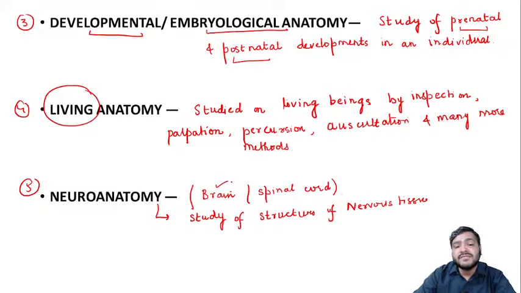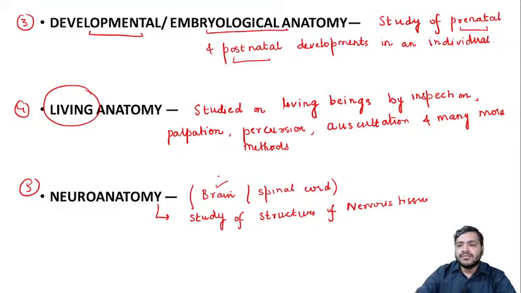These are the parts of the central nervous system. Why? Because they are aligned along the center of the body. Neuroanatomy is a branch of anatomy where you are more focused to learn the structures of the brain, spinal cord, and their functions.